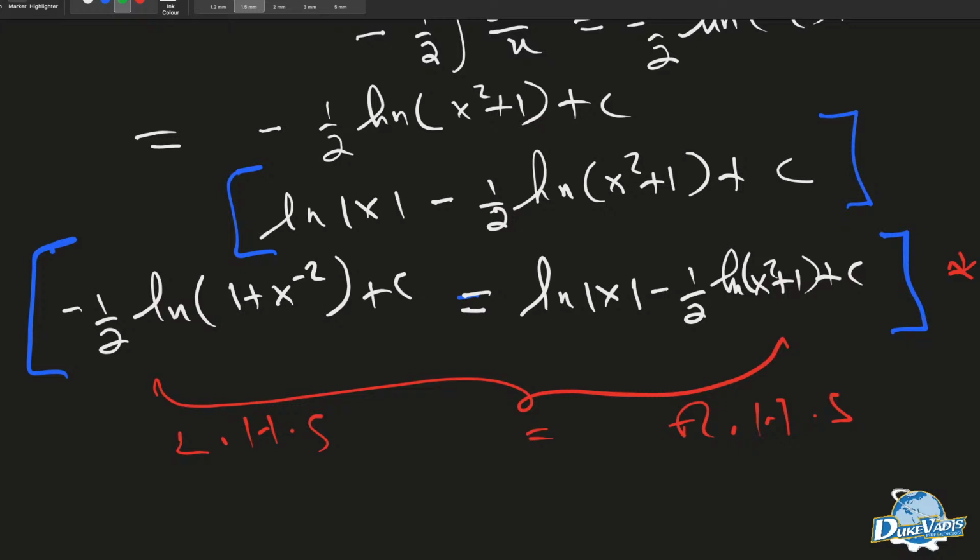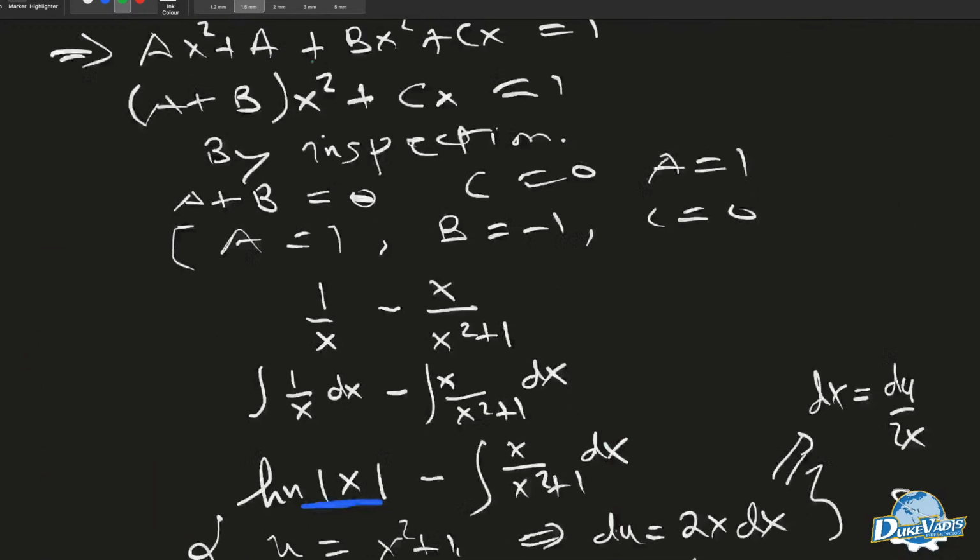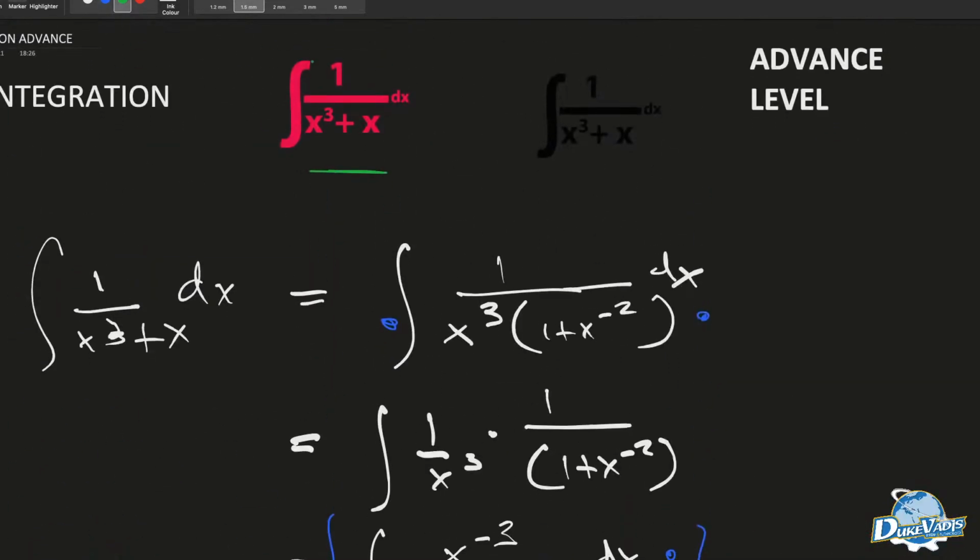Oh, beautiful. So as you can see, the last time when we solved this equation, let's have a look at the equation. The equation we solved was the integral of 1 over x cubed plus x, dx.